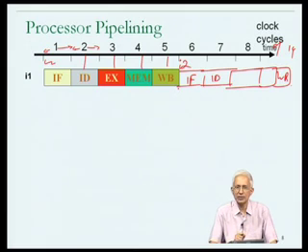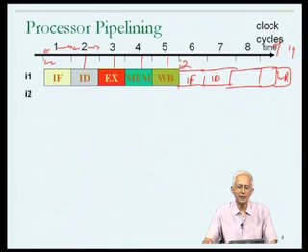But just based on the question that was asked in the slide before last, which was, after the first instruction has used the IF or the instruction fetch hardware, why do I keep it idle? Why is instruction fetch hardware kept idle for 4 cycles? Why can't I use the instruction fetch hardware to fetch the second instruction right away?